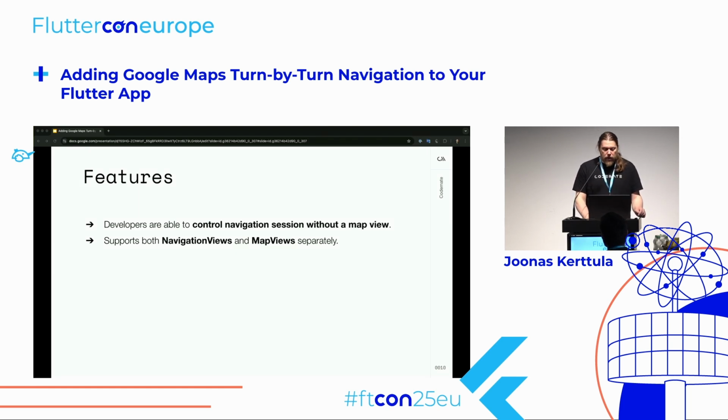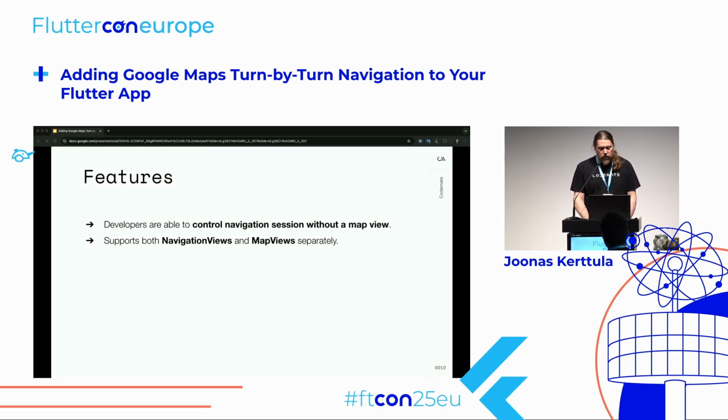So this also implements the same features as the Google Maps Flutter library, which is the official Google Maps library made by the Flutter team. You can't use Google Maps Flutter at the same time with this library.